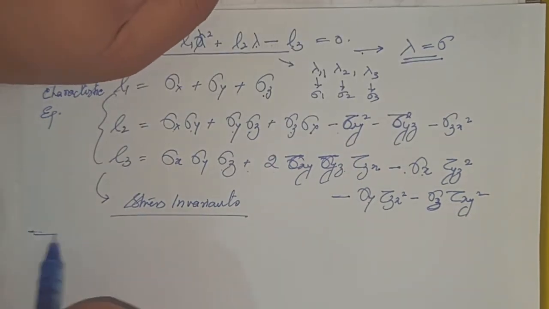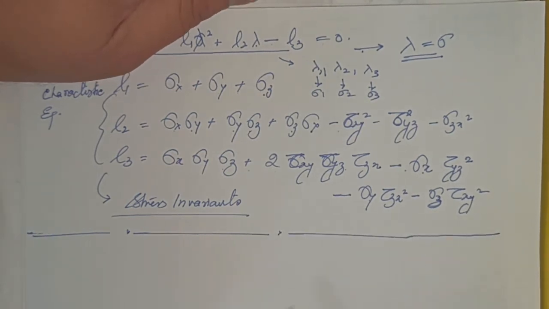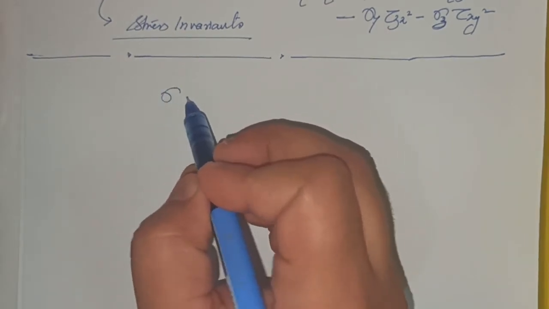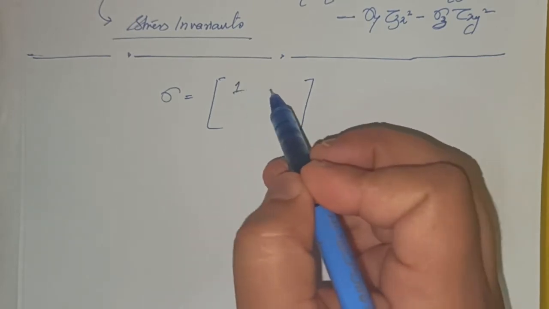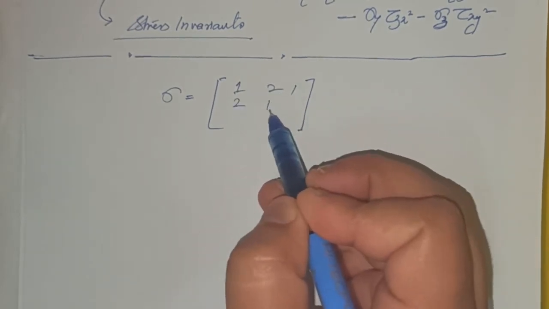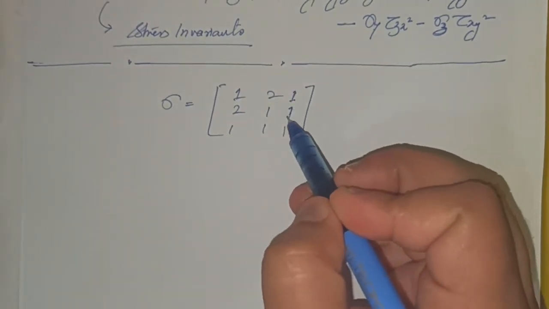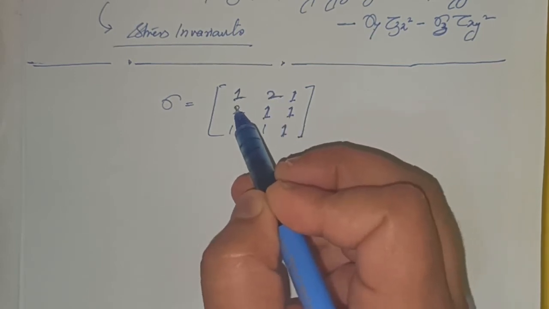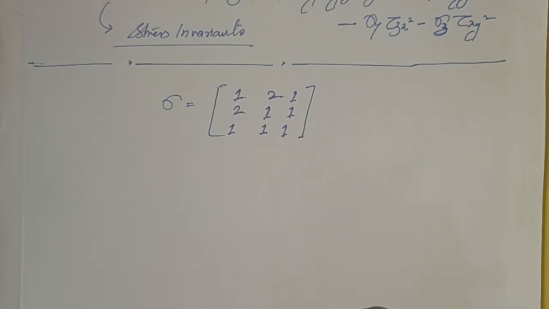Now let's take one simple example and understand this concept and what it means. Let's say we have a state of stress sigma. A state of stress has been given to us, a simple state of stress, and we will find the eigenvalues or the principal stresses, principal directions, and we will also check for the invariance.